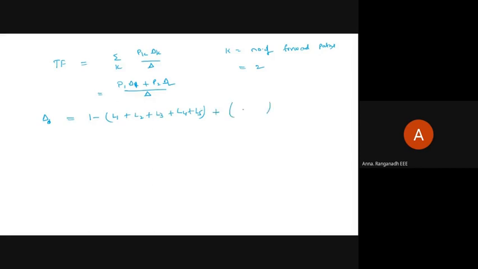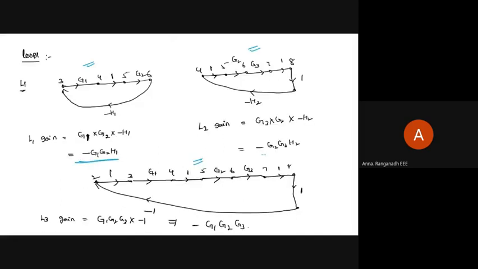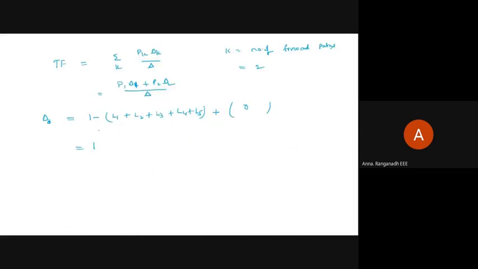We do not have any 2 non-touching loops, therefore we can consider 0. So simply you can add all those things. If you look at all the loops, loop 1 to loop 5 will have all minuses, because in this formula we also have minus plus, so directly we write the plus.